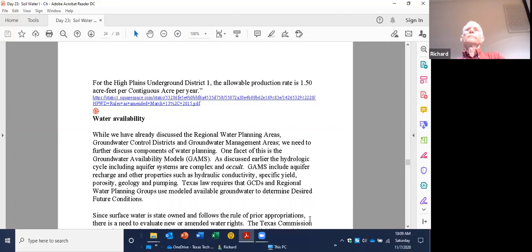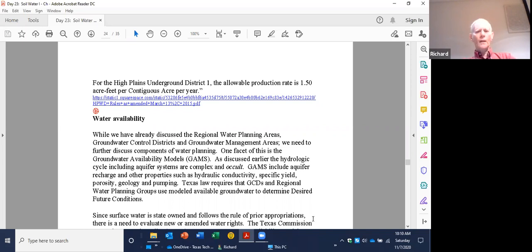They sell milk, which is just water with other substances in it. And so they need more water, and this is a problem for them. Feed yards are the same way. If you talk about the feed yards that they have, 1,000 head, 10,000 head, the demand for water at feed yards, it's just hard to get enough water at 1.5 acre-feet per contiguous acre per year to supply those water needs.